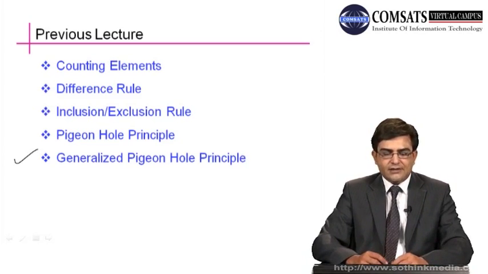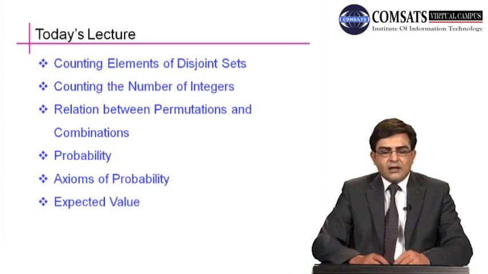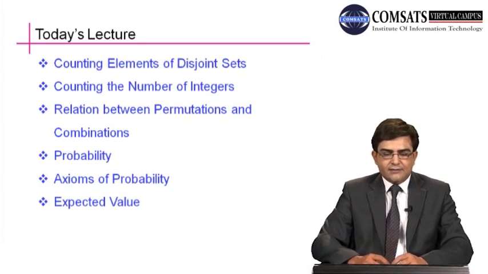Today we shall first discuss it, and then we shall discuss counting elements of disjoint sets, counting the number of integers, and a relation between permutations and combinations. We shall also discuss some basic topics of probability.